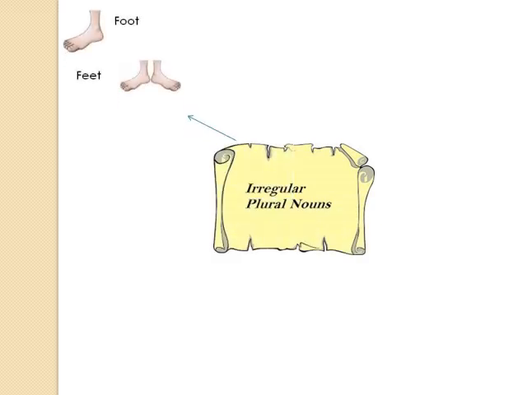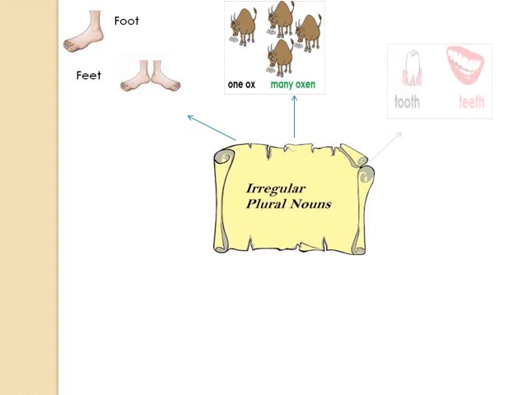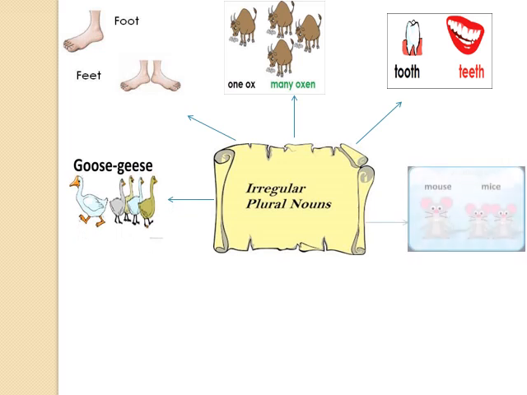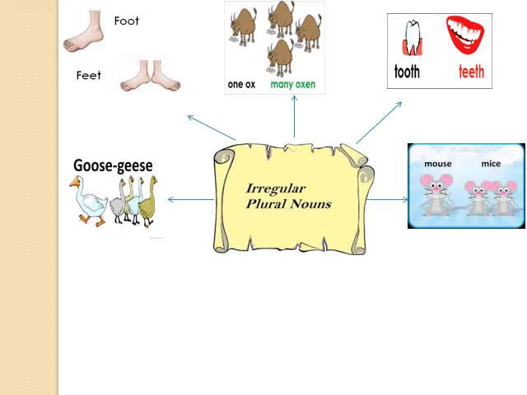Foot. Feet. Ox. Oxen. Tooth, teeth. Goose, geese. Mouse, mice. You have to memorize them very well.